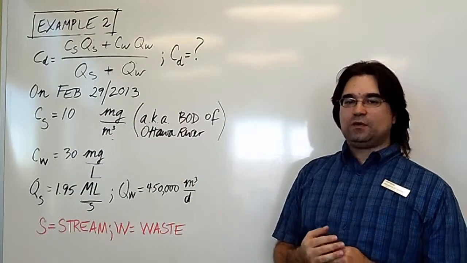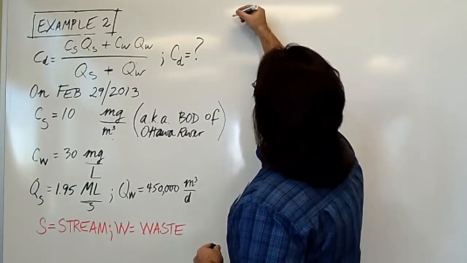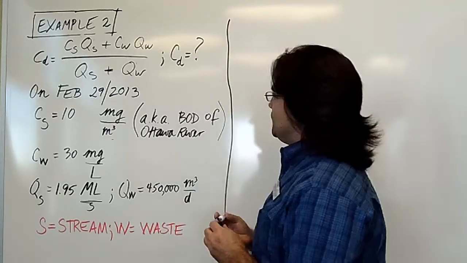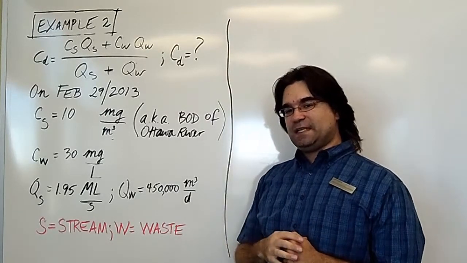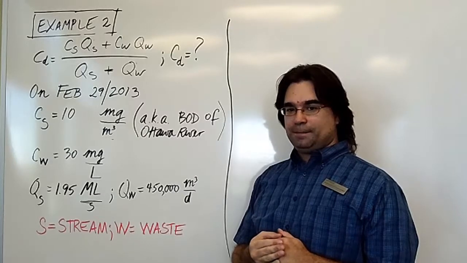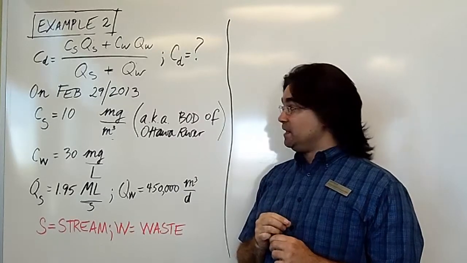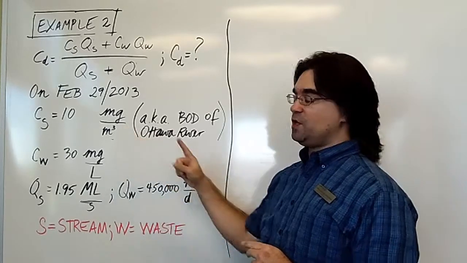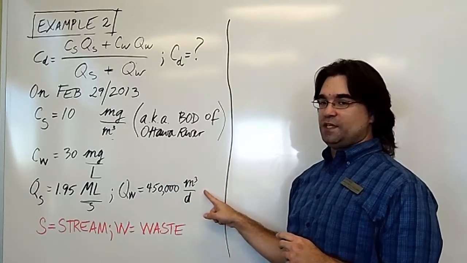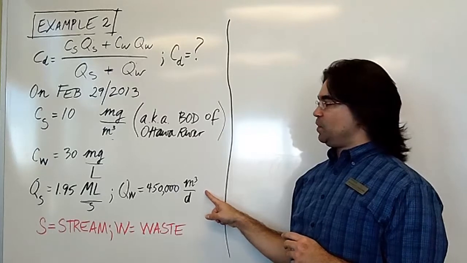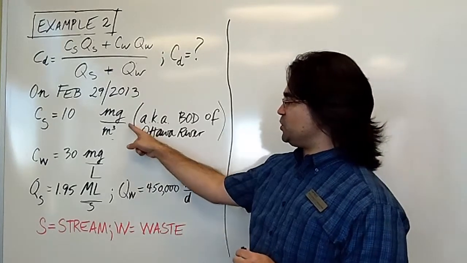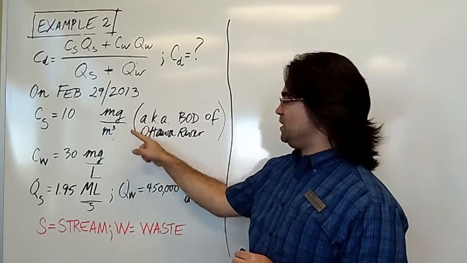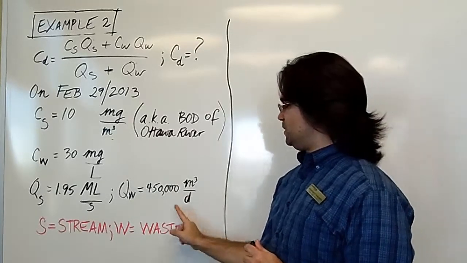So we'll first proceed with solving that. If you notice, this is exactly the same as example number 1. The only difference being that the units are different for the concentration of the stream and the flow of the waste. So you'll notice that the concentration units don't match and the flow units don't match.